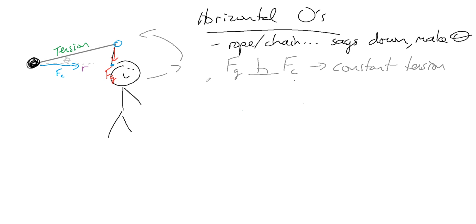So probably one of the key differences between this one and other stuff that you guys have done is the radius is no longer equal to the length of the rope or the chain or whatever it is you happen to be using. So that's one of the key differences between this and the previous ones you've done. Now the thing is, the radius and the length of the rope share the exact same angle as the forces.